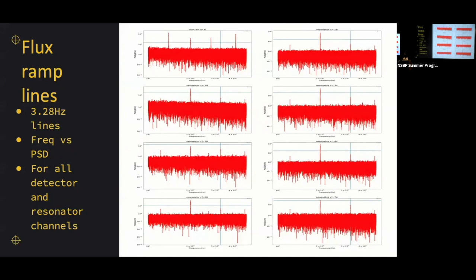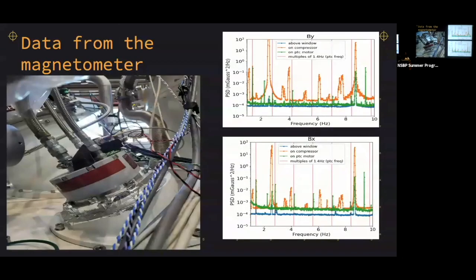Do you have an idea what within the system is causing that magnetic signal? Oh yeah, the pulse tube motor is what's causing it, from the previous slide. We used a magnetometer. What do you do next now that you know that?